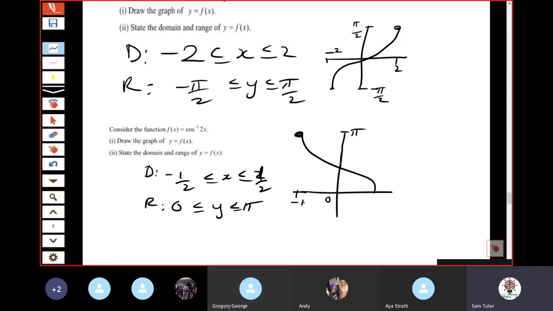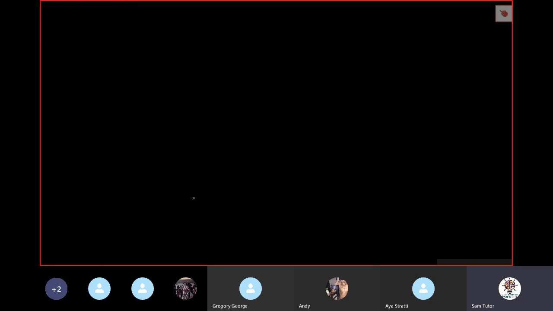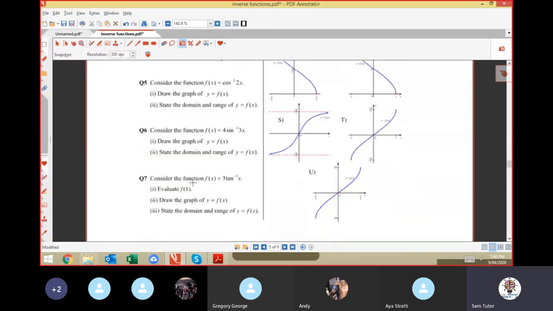Pi and then -1/2 to half. And that becomes 0.12. That's 4 marks. Very easy marks.